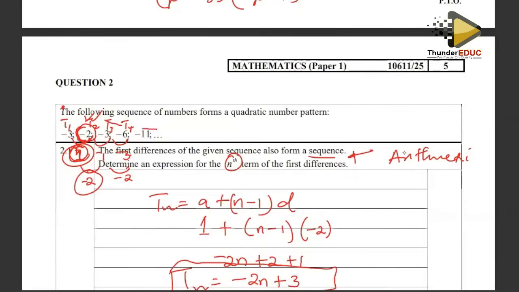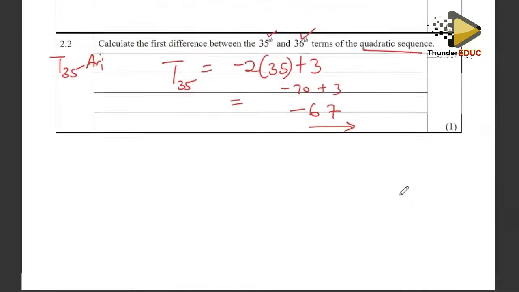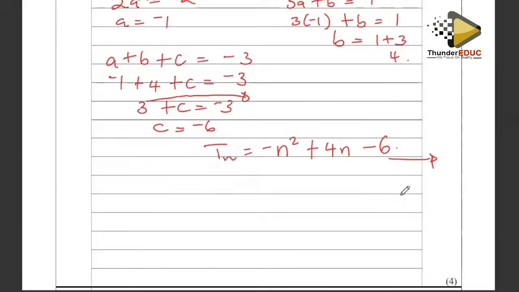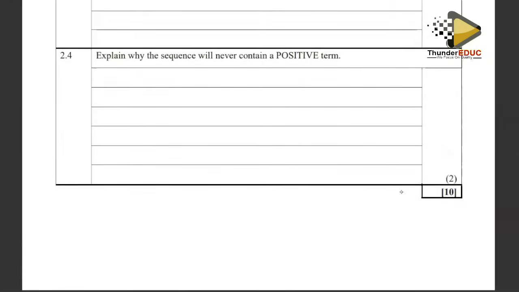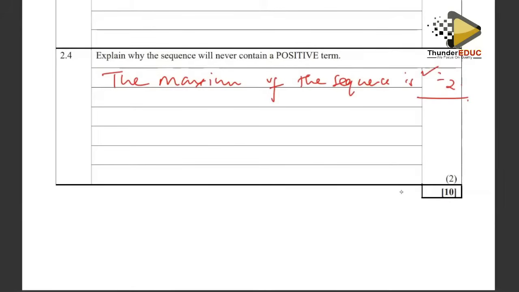Besides it being a maximum, this graph is a frown, because the a is already negative. So the maximum value of the sequence is -2. I believe that should be able to settle it, because if the maximum is -2, then there's no way we can have a positive term.